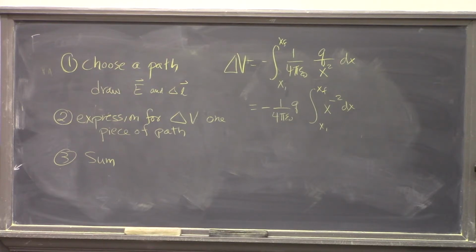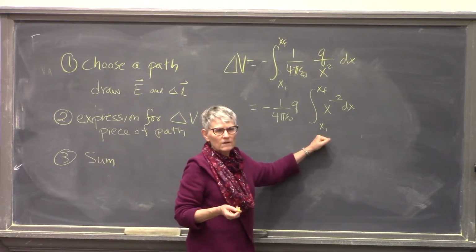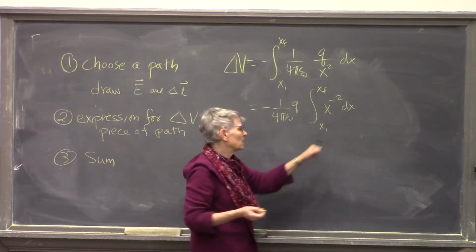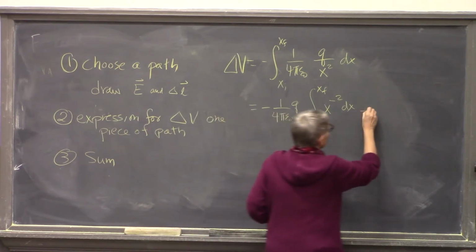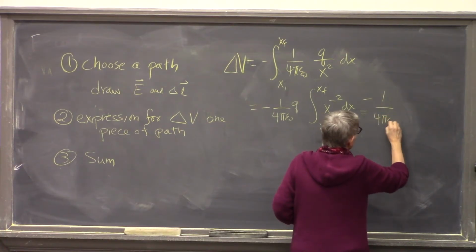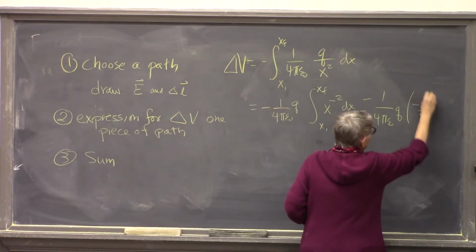So what do we get here? What's the integral of 1 over x squared dx? Yeah. So we have 4 pi epsilon 0 q times a negative 1 over x.